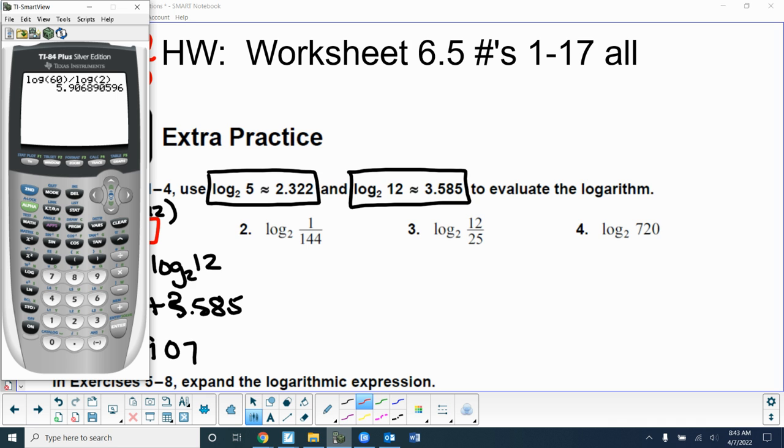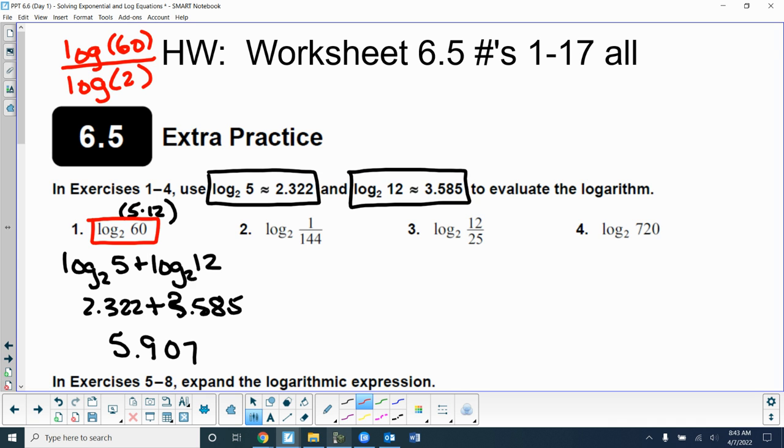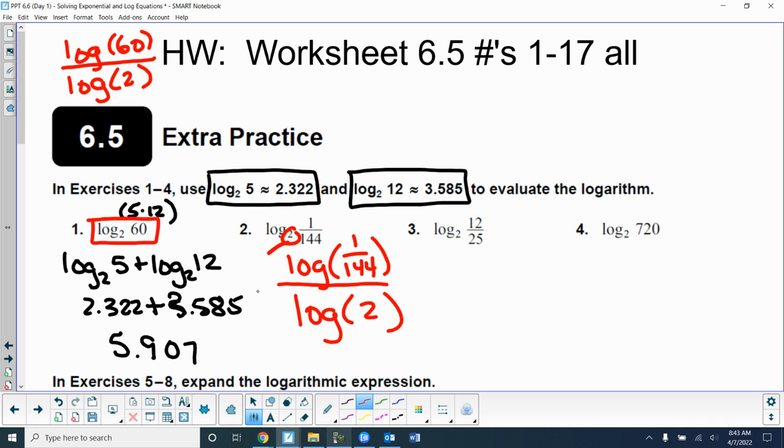Okay? So for number 2, we're just going to do what? Log of what? Over log of what? 1 over 144. And the base goes in the basement, right? In the bottom. All right, so you just do that, and what did they want us to do?